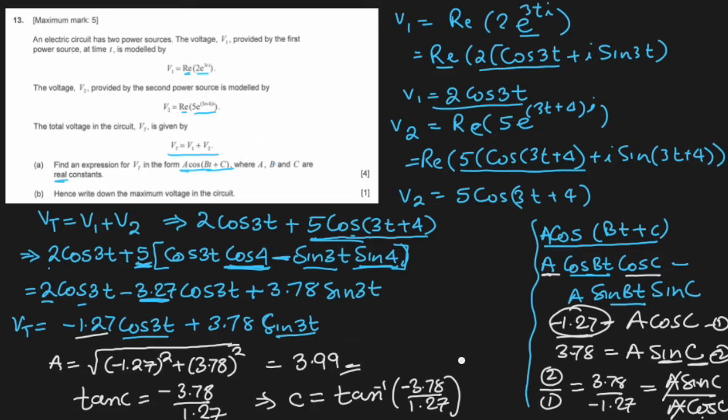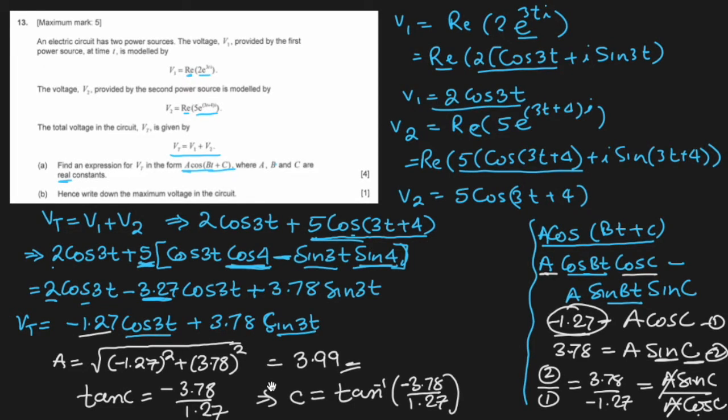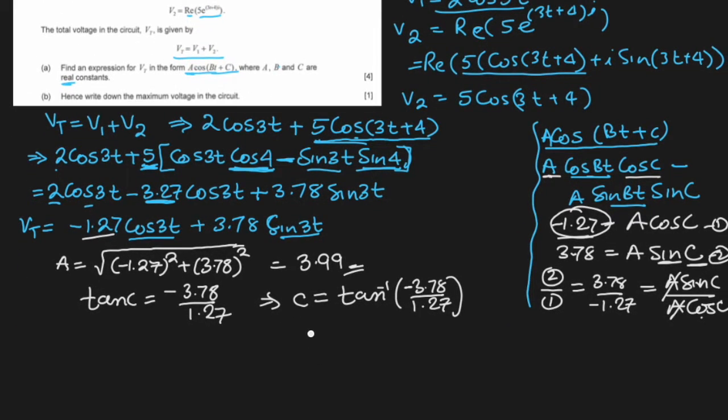Nope. So we can straight away use our calculator for this. And it comes out to be negative 1.248256. Okay, so we can round it off to negative 1.25. Now combine everything and we get our answer.